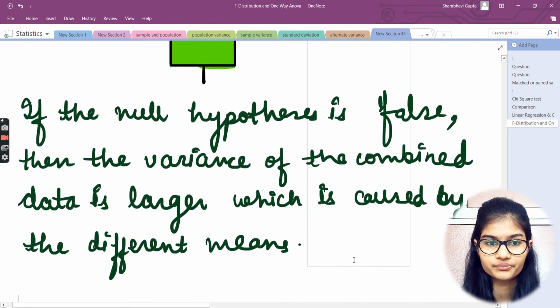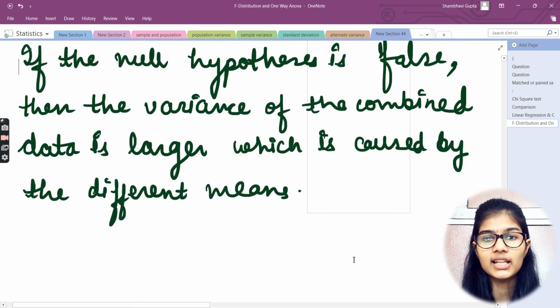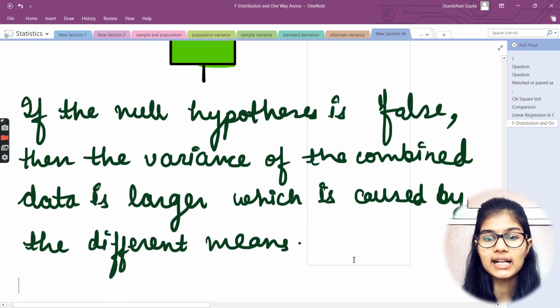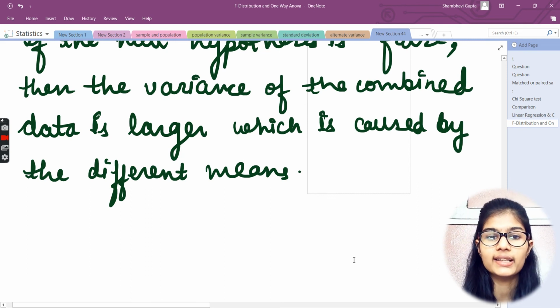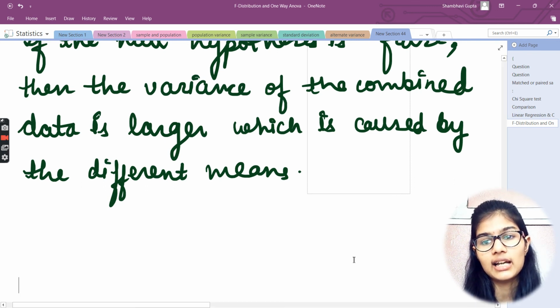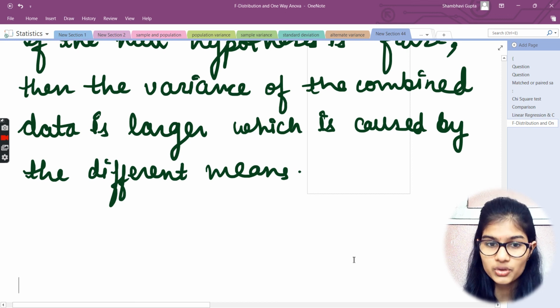So if the null hypothesis is false, then the variance of the combined data is larger, which is caused by the different means we have here.